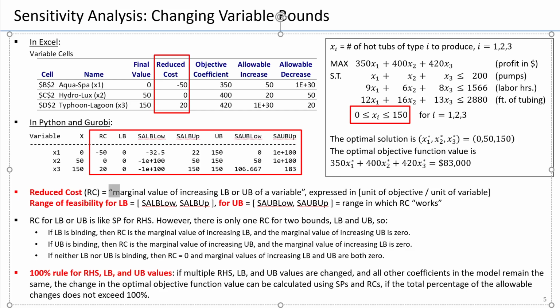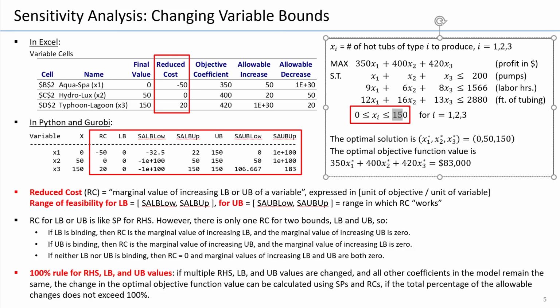The main thing I want you to get from this is that reduced cost for the lower bound or for the upper bound of a decision variable works in the same way as shadow price for the right-hand side. Before, we had a shadow price that told us the marginal value of an extra pump. Here we have reduced cost that says the marginal value of changing either a lower bound or an upper bound.